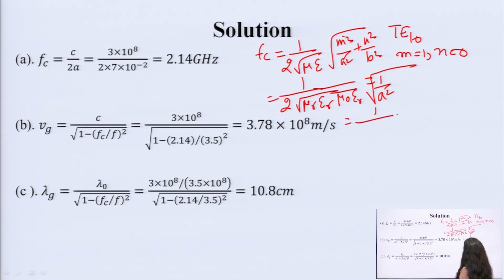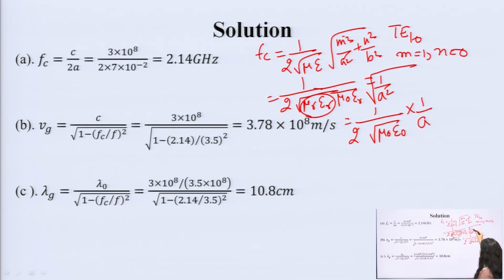So 1 upon 2, and since it is the air-filled waveguide, mu r and epsilon r are equal to 1. So under root mu naught epsilon naught, and 1 by a by taking the root of 1 by a square. We know that 1 upon root mu naught epsilon naught is equal to c, the velocity of light.